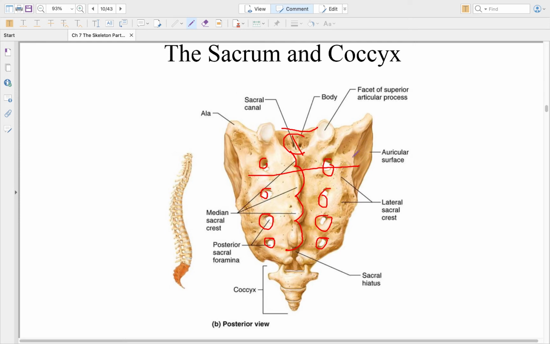This is the lateral sacral crest on this side, and there's one on this side too. Very good. Sacral hiatus, this kind of empty space right there.